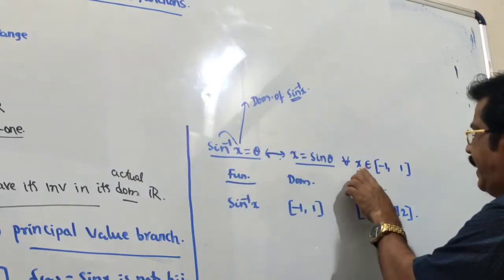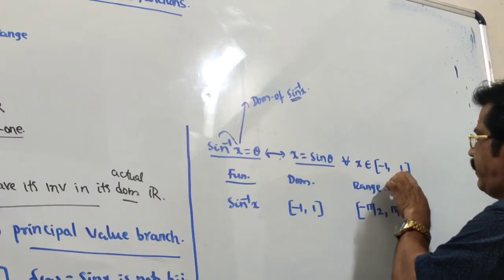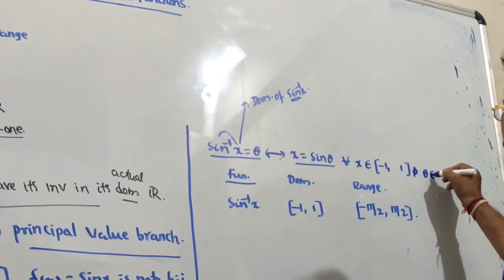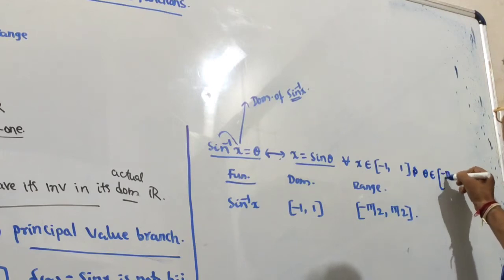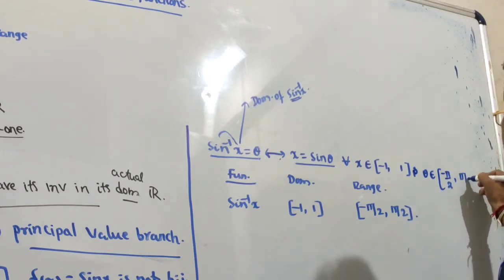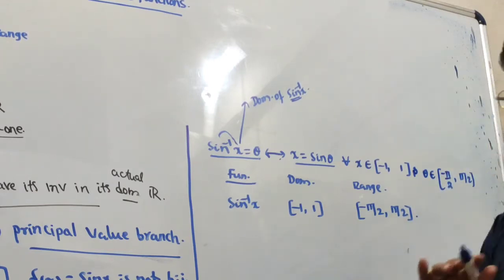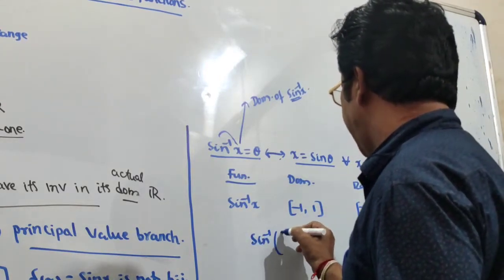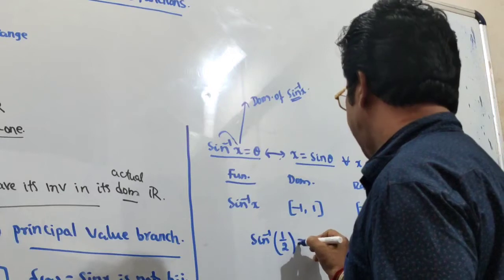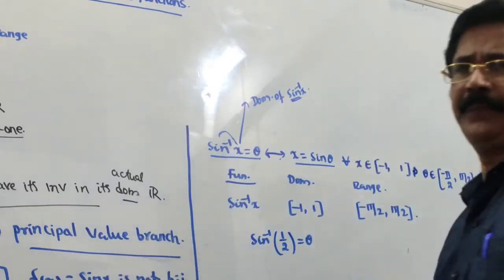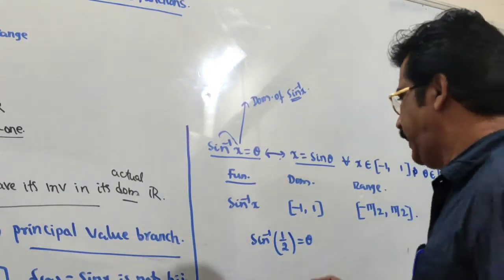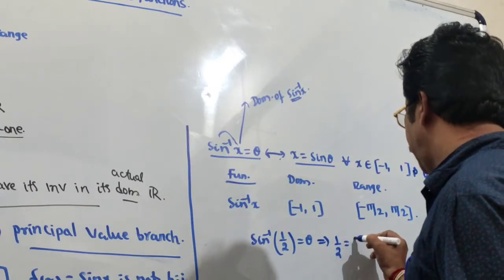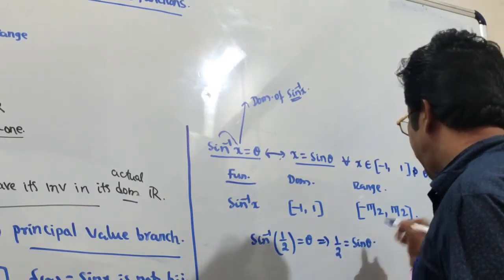Here x belongs to the closed interval of minus 1 comma 1. At the same time, theta must belong to the closed interval of minus pi by 2 to plus pi by 2. For example, sine inverse of 1 by 2 is equal to theta. It can be written as half is equal to sine theta.